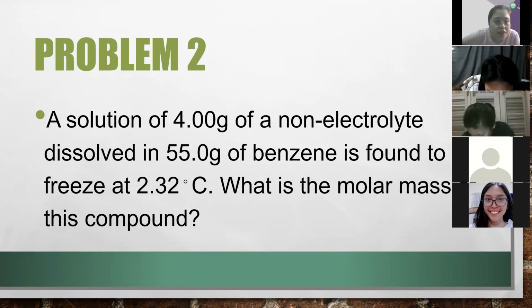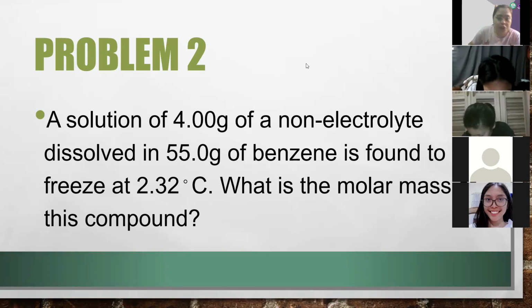A solution of 4.00 grams of a non-electrolyte dissolved in 55.0 grams of benzene is found to freeze at 2.32 degrees Celsius. So what is the molar mass of this compound? Baliktad ha, baliktad yung problem.